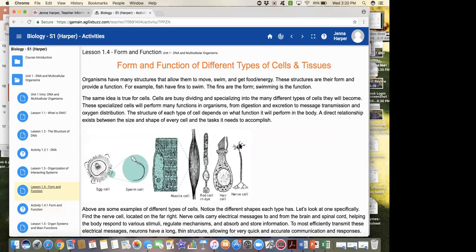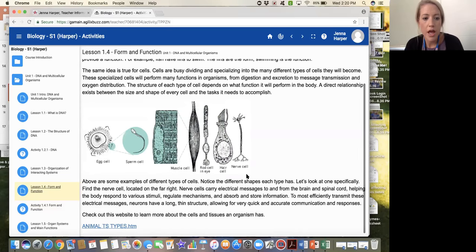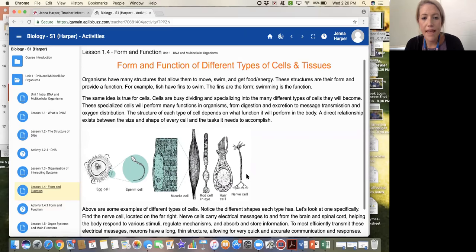Yeah. Yeah, so that's why that's kind of hard. And you're right, it doesn't tell you a lot about it. A lot of them, like the sperm cell, most of the time when I'm grading those, people just know what sperm looks like, or you just know what a nerve cell looks like. But yeah, that is a good point.